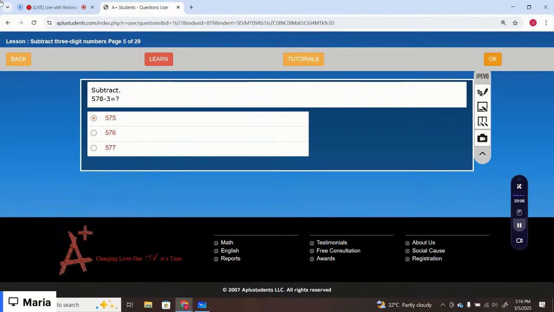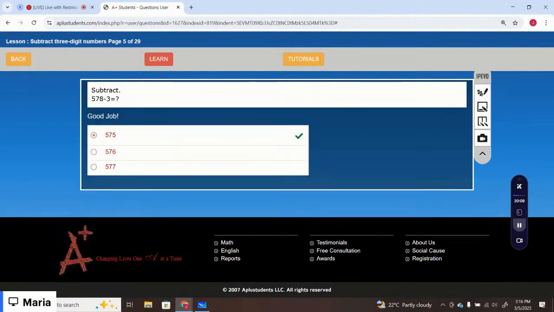That is 575. Option number 1 is the correct option.